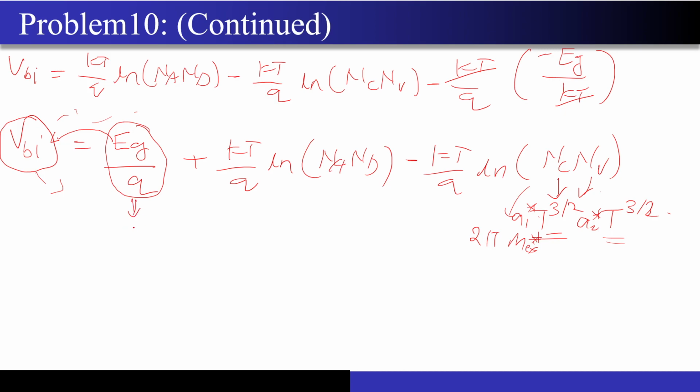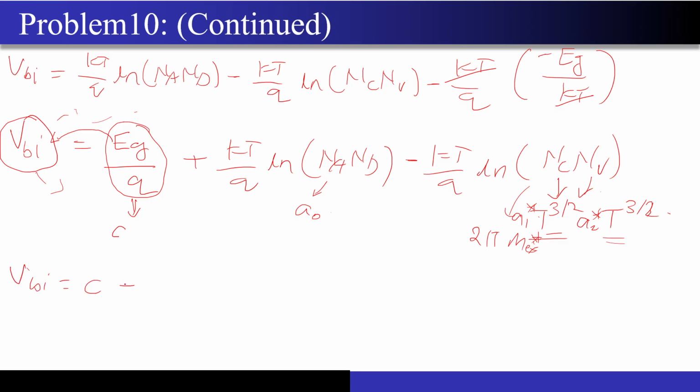I will highlight it by the factor C over here. And even this thing that you are seeing over here, ln NAND by q, is not varying with the temperature, so I will highlight this by maybe a factor of A0. So now let's substitute the things. VBI is what?